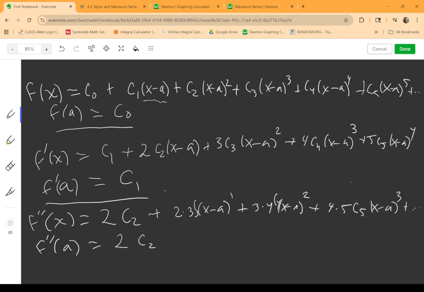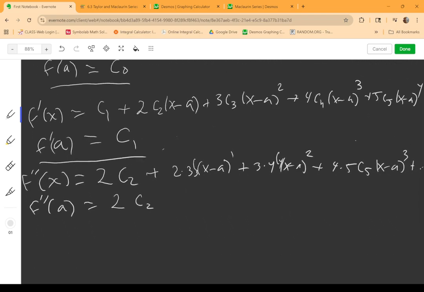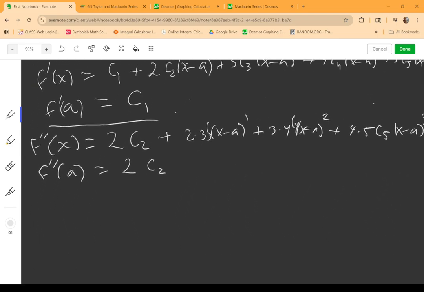Let's do one more, and then we could probably figure out the pattern. Now the third derivative of x. The first term goes to 0, it's just a constant. Then we're left with 2 times 3, and the next x minus a is 1, so we're just left with 2 times 3 times c3.